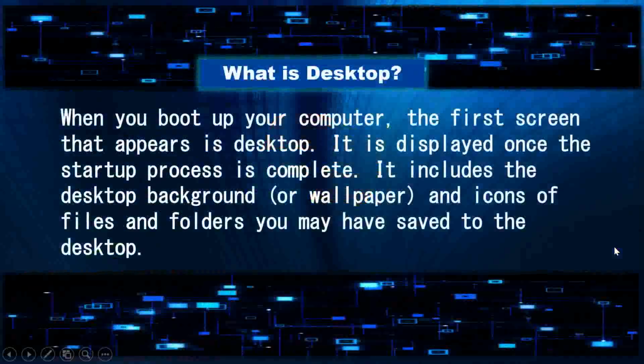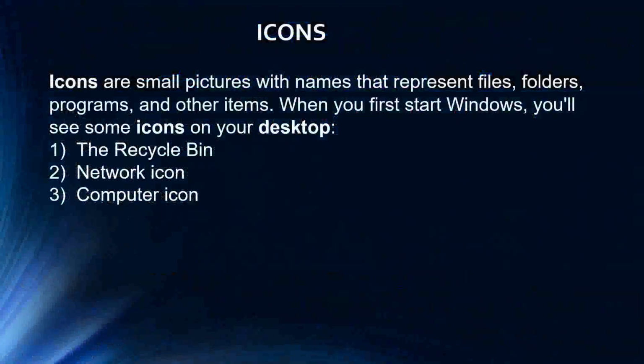Now let's learn about icons. Right now I have used the word icon. What do you mean by icon? Icons are small pictures or symbols with names. These symbols and pictures are called icons.